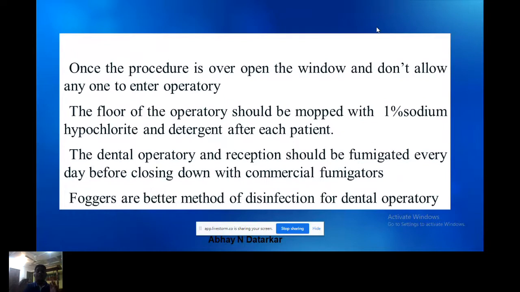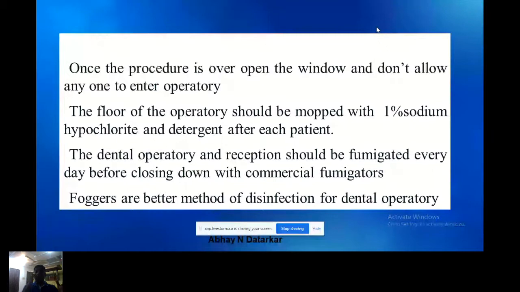Say you have 3 patients in a day, and your last patient was an aerosol-generating procedure. As I mentioned in the beginning, the aerosol in the air of the operatory takes at least 15 to 20 minutes to settle down to the surface or the floor. So the recommendation is to open up the window; proper ventilation has to be there.